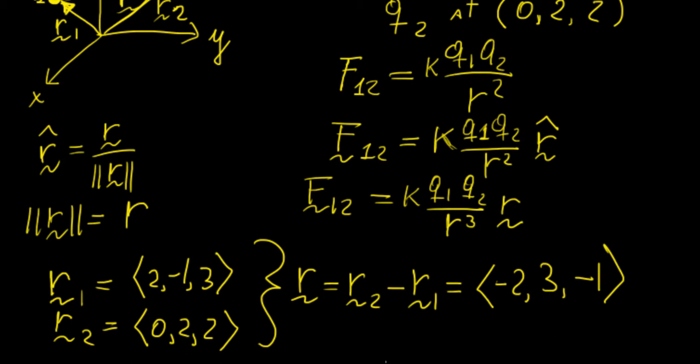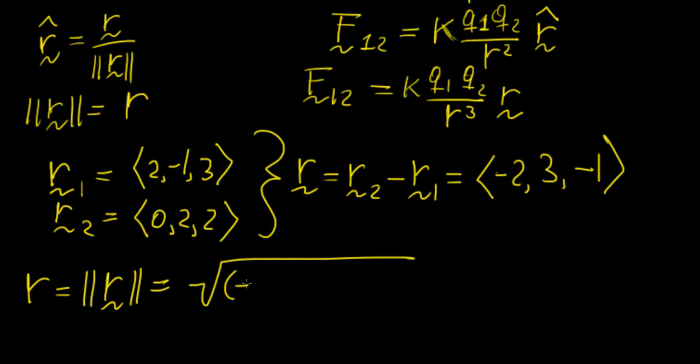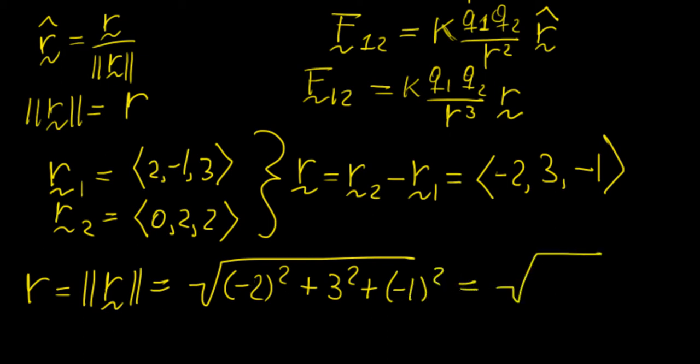So this is the vector corresponding to that. And now we need to have the magnitude. The magnitude is the square root of minus 2 squared plus 3 squared plus minus 1 squared. This is 4 plus 9, so that's 13, plus 1, that's 14.